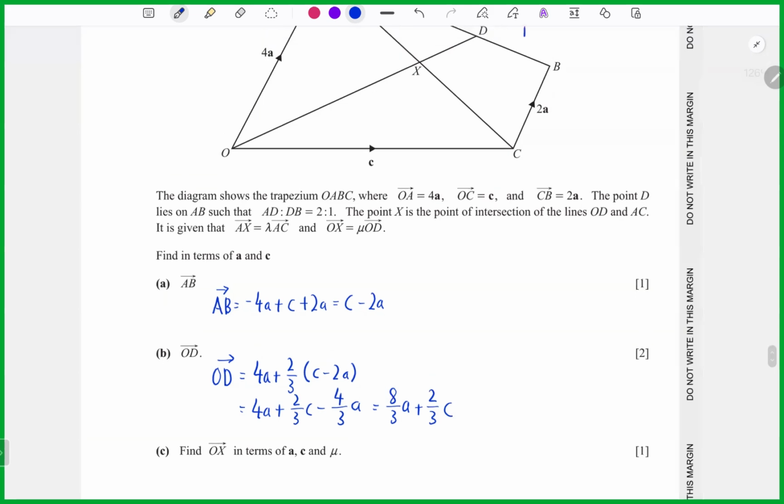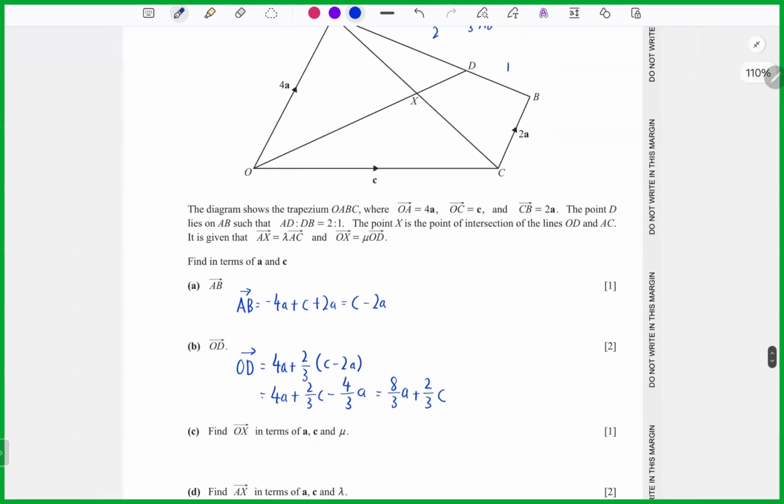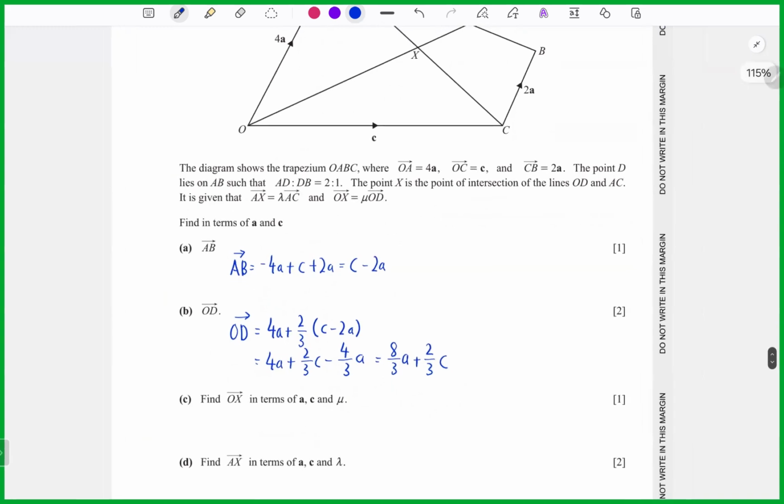Find OX in terms of a, c and mu. OX equals mu bracket 8 over 3 a plus 2 over 3 c, because OX equals mu OD.